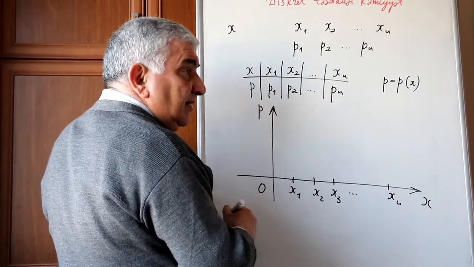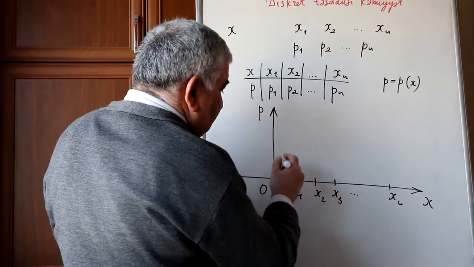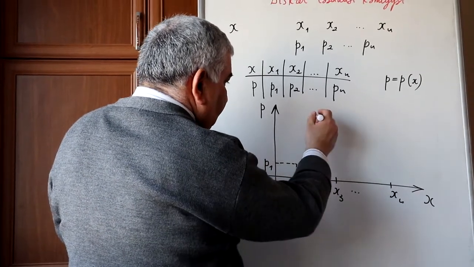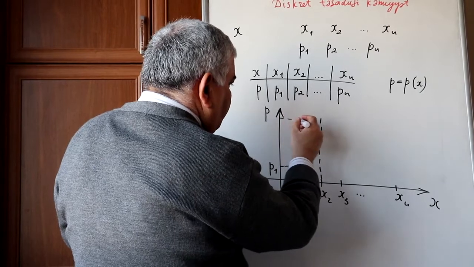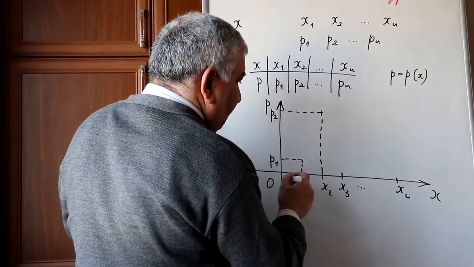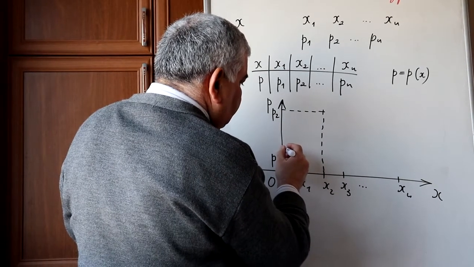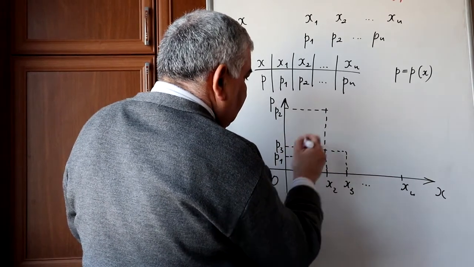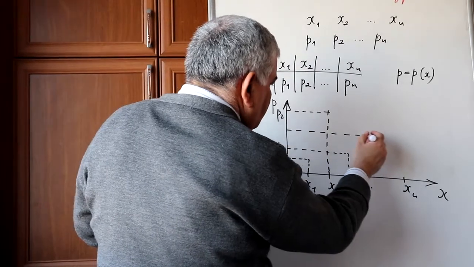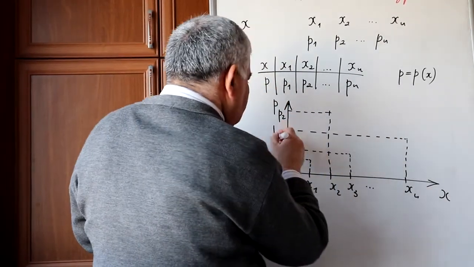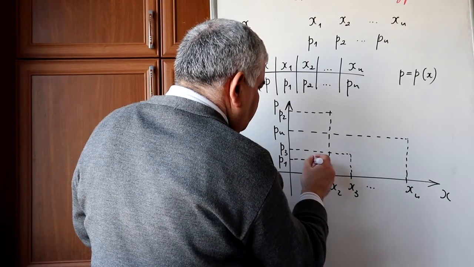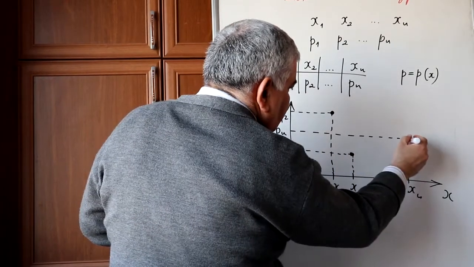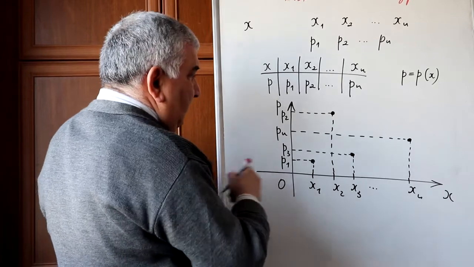And then mark the corresponding probabilities. For example, it is p1, then p sub 2, then p3, etc., and for example p sub n. And connect these points.